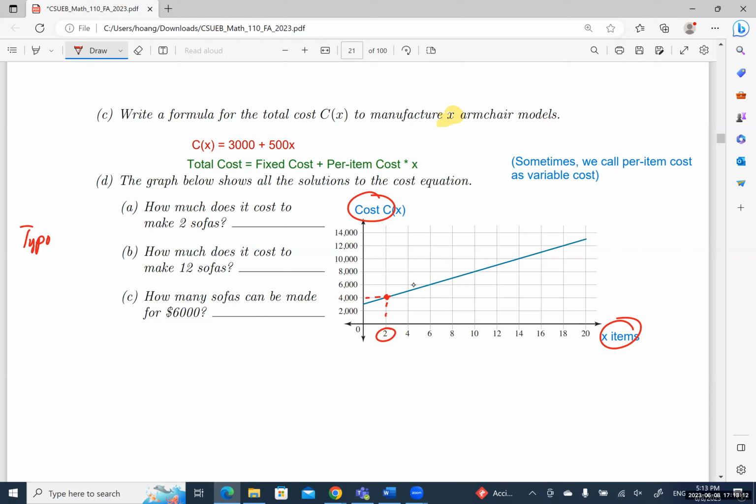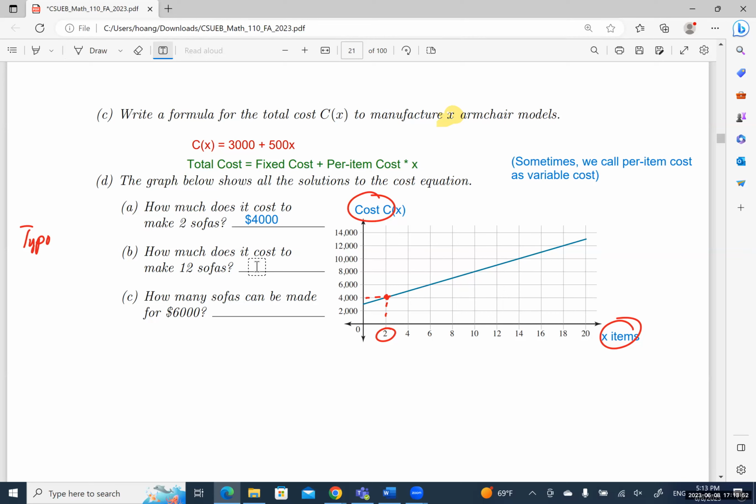So the cost now is about 4,000, right? According to the graph. Keep in mind that the question says the graph below shows all the solutions. So we just look at it graphically. We don't have to calculate by hand, you can just look at the graph and read it approximately.